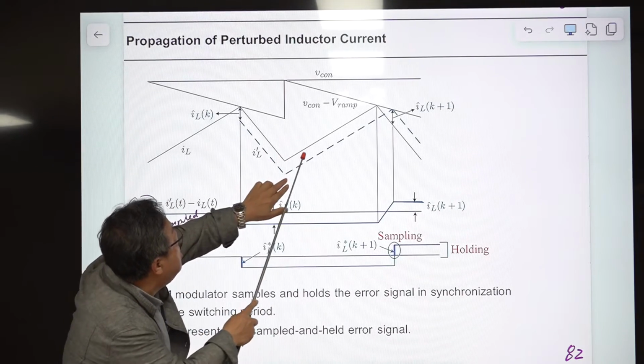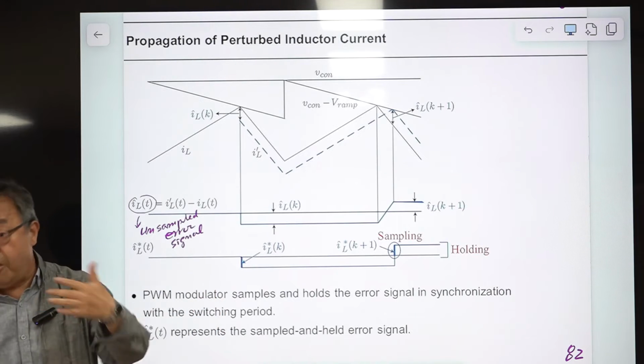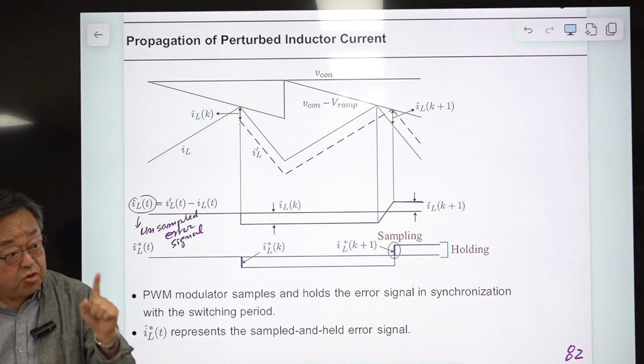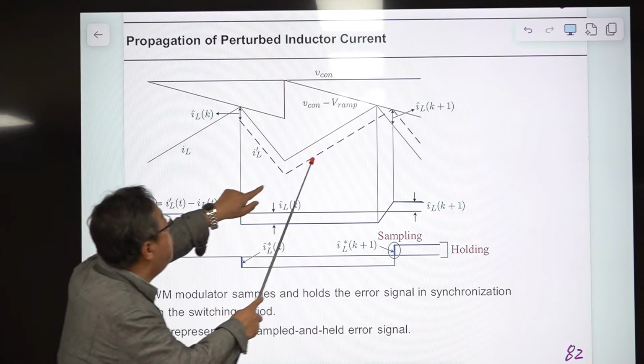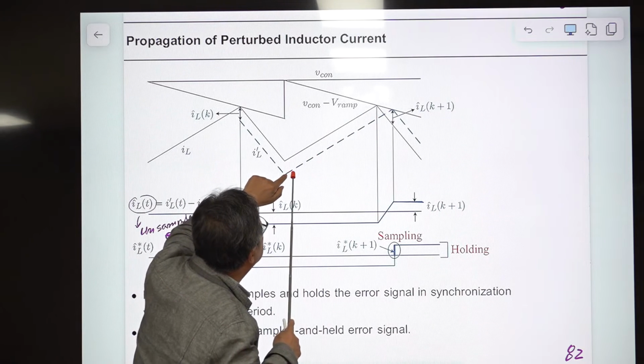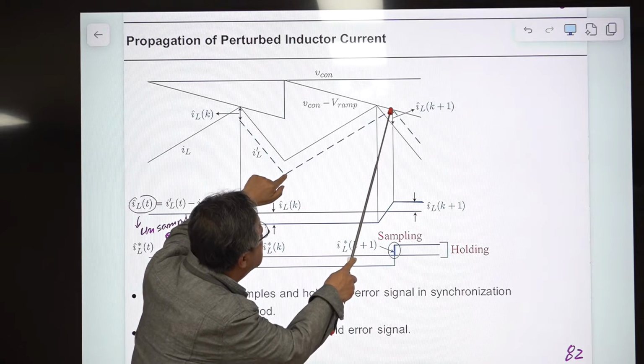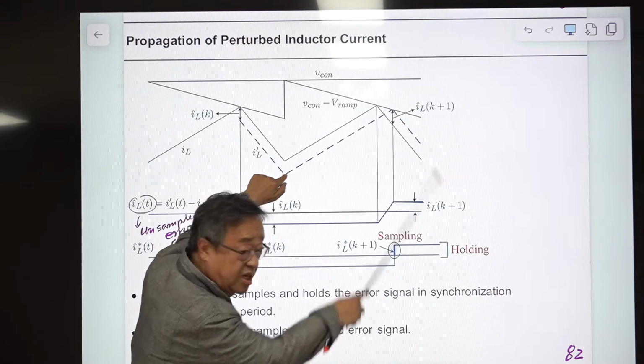The error is increased here, but the controller does not know that, because you are sampling only once in one switching period. So up to this point, nothing happened. And when this perturbed inductor current hits this waveform, then this will start decreasing.